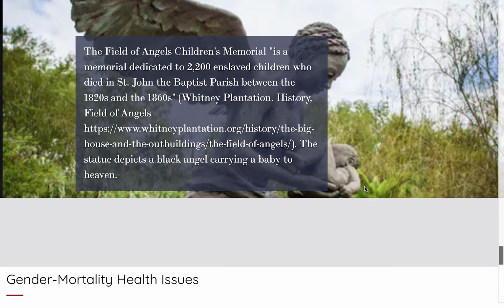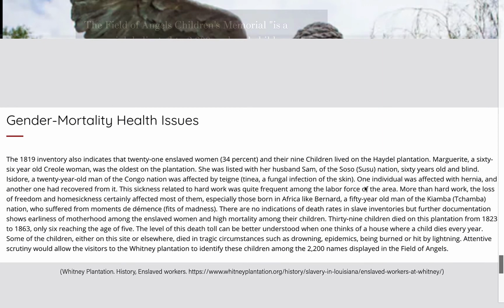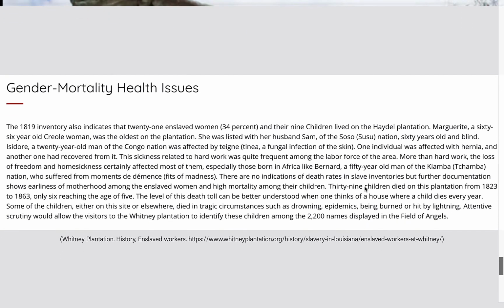There's many other beautiful statues and other beautiful things that really are very moving related to memorializing the slave experience. I just wanted to show the depth of the information they give. This is more information about the children and what led to them dying, and related to the age of the mother at birth and the things that happened afterwards, and other things.